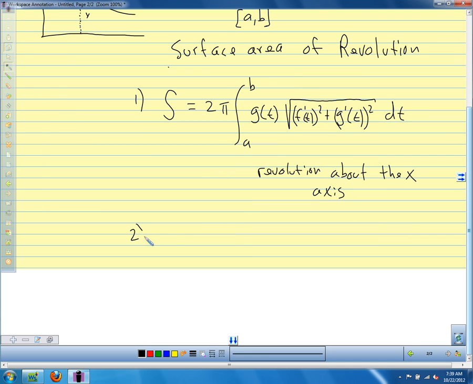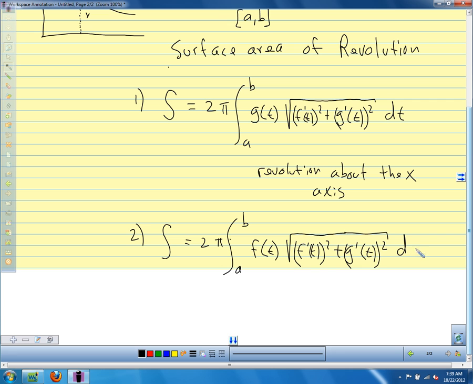And if we revolve around the y-axis, our surface area is 2 pi times the integral from a to b of f of t times our radical, the square root of f prime squared plus g prime squared dt, and this is for revolution about the y-axis.